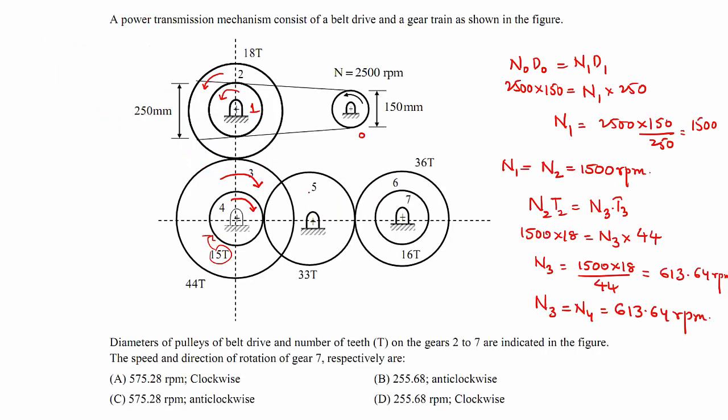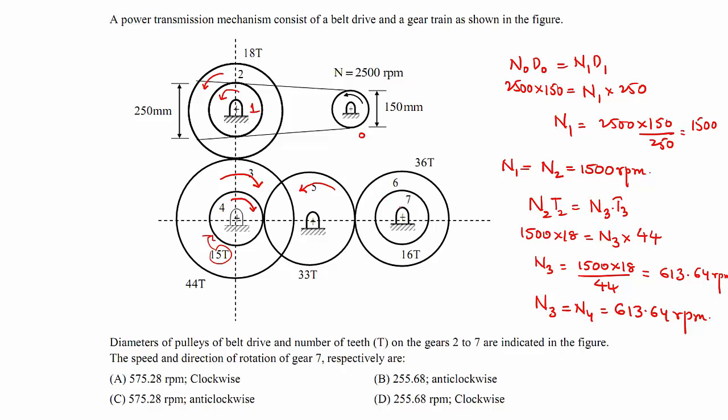So N5 is equal to 613.64 into 15 divided by 33, which is 278.93 rpm. Now the direction of rotation of the fifth gear will be in anti-clockwise sense.